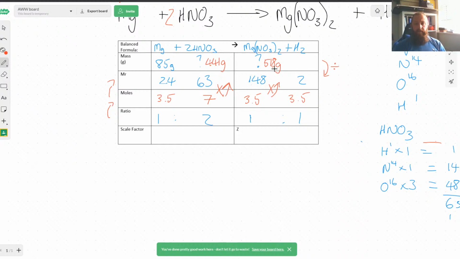And that's my answer. So I haven't done anything different. 85 grams of magnesium would need to react with 441 grams of nitric acid, and I would end up with just over half a kilo of magnesium nitrate salt.